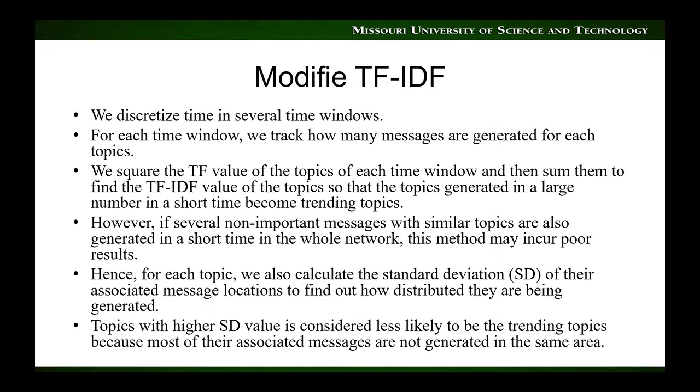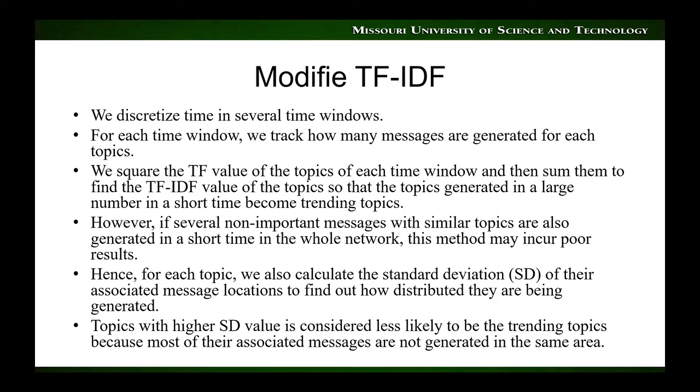And for each time window, we track how many messages are generated for each topic. Then we consider a few recent time windows and we calculate the TF-IDF. But for calculating the TF value, we actually square the TF value in the TF-IDF method because many messages will be generated in a short time for an event, and that's why we want to increase the value of TF.